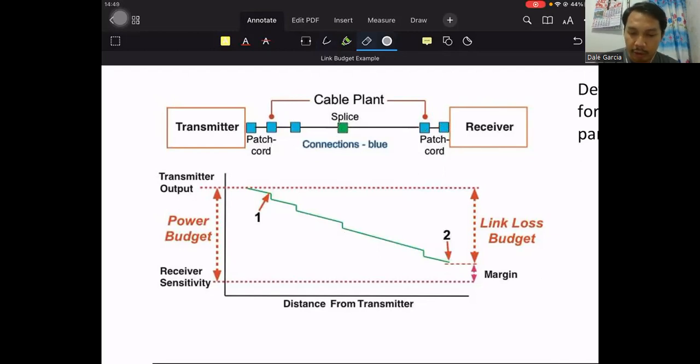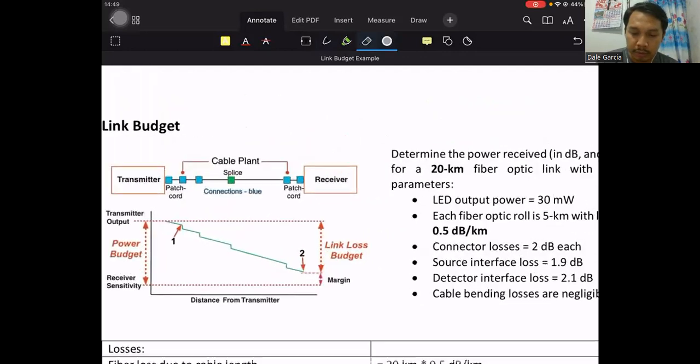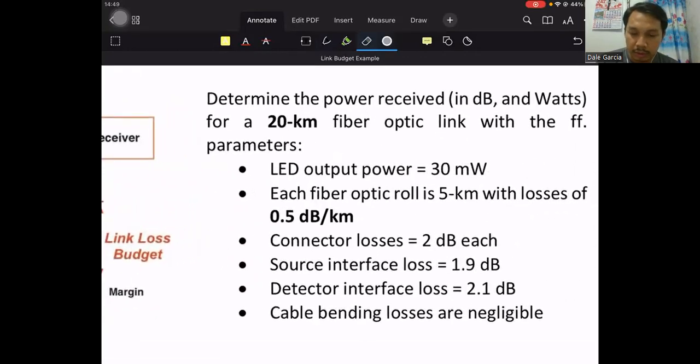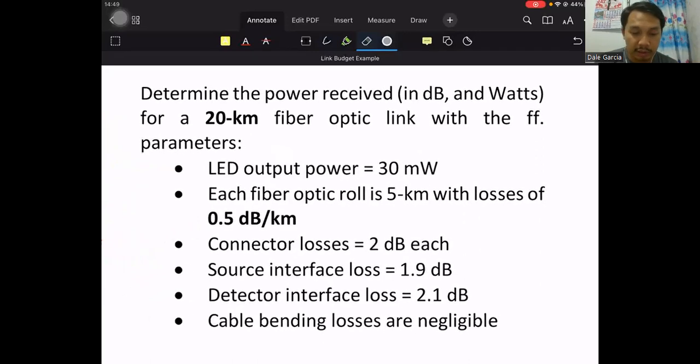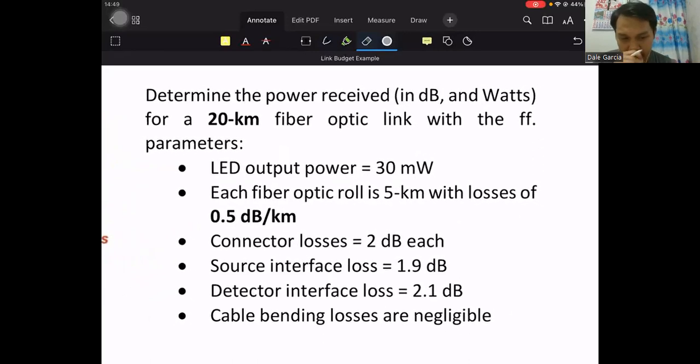We have here an example of a simple link budget problem. To determine the power received in dB and in watts for a 20-kilometer fiber optic link with the following parameters. The LED output power is 30 milliwatts.